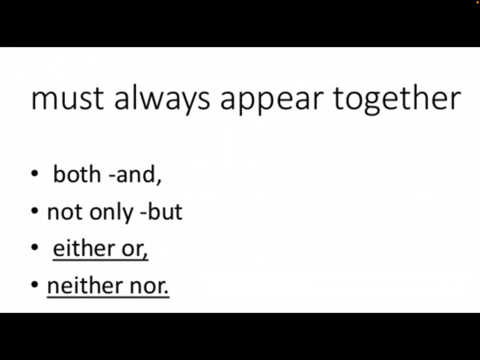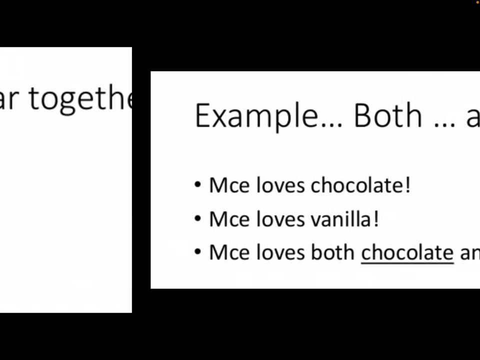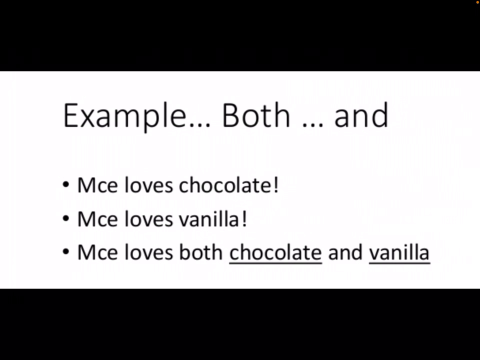These two have to appear together, to complete the sentence, to let the reader know exactly what we are talking about and give them more information about our sentences. Both and. Here's an example.